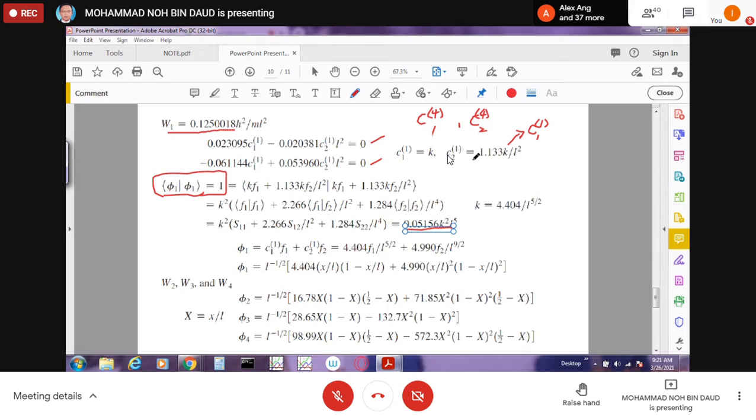Now we can solve these two equations, we know this K, and we substitute it into this one.